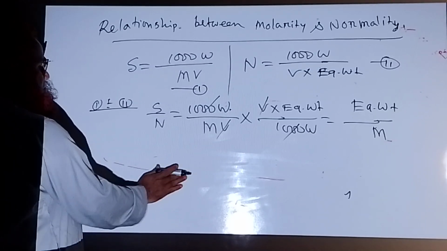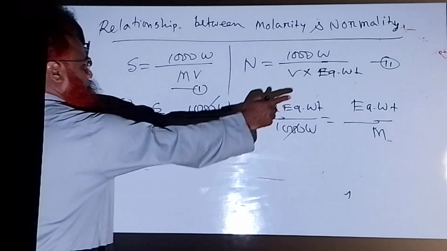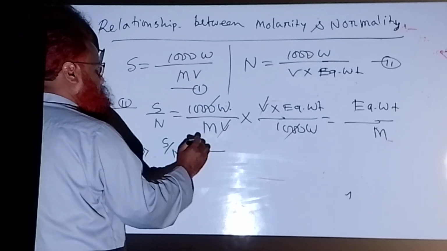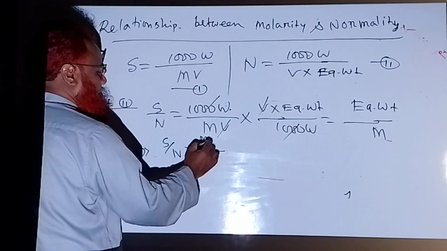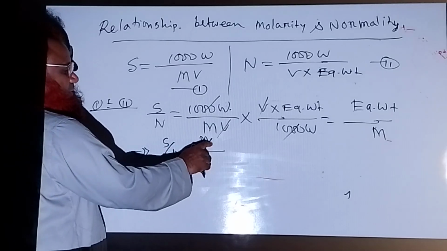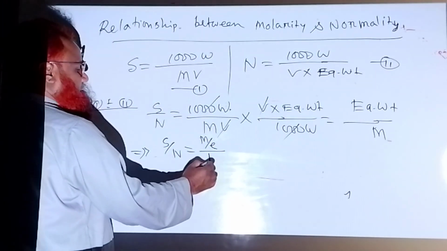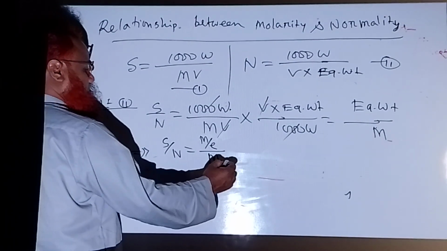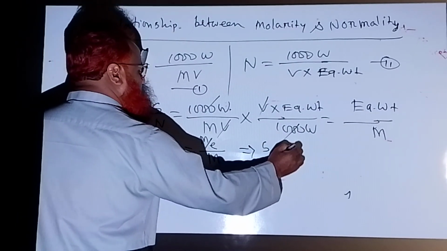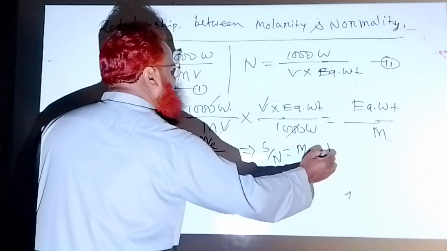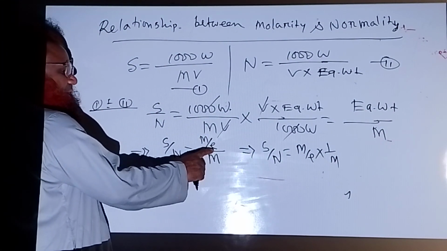Okay. Now, from the previous definition, you already know that equivalent weight means molecular mass divided by equivalent number. If we symbolize the equivalent number by E, and the molecular mass by M, then finally you can write S by N equals M by E, that is 1 by E, because equivalent weight equals molecular mass divided by equivalent number.